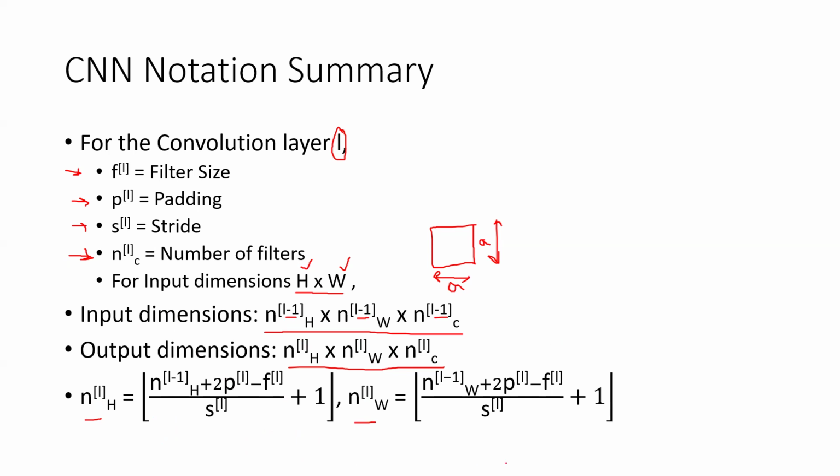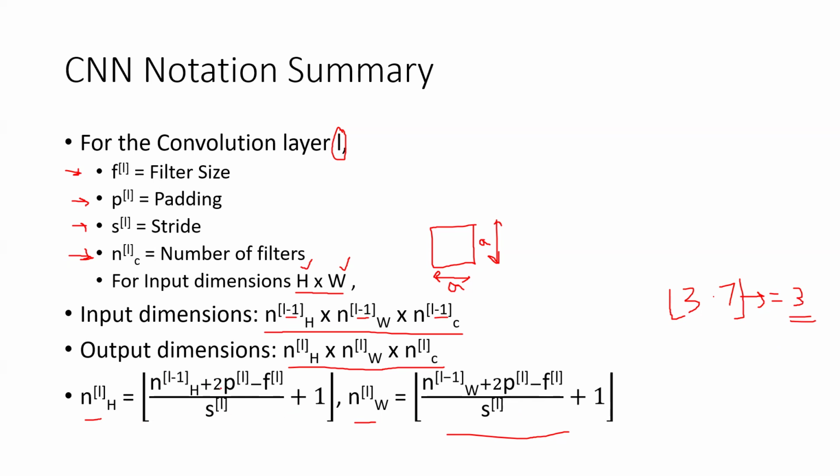These are floor operations. Floor means if it is something like 3.7, the floor of 3.7 is 3.